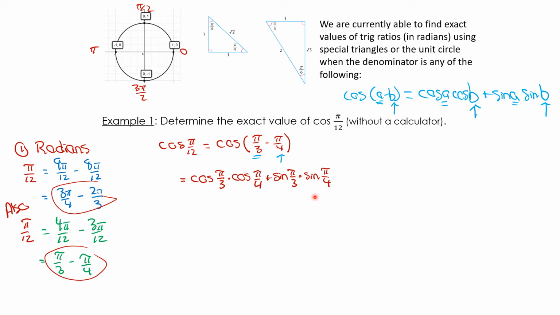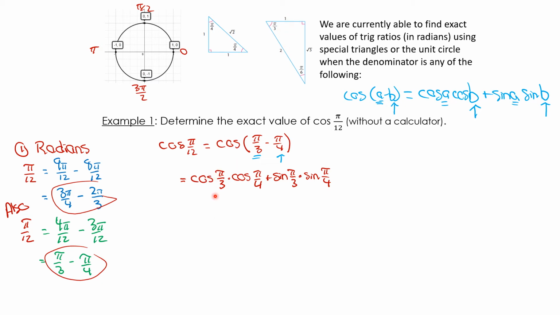So now we can go back to our knowledge of the radian angles. Cos of pi over 3. So I look for a pi over 3 angle. Here it is, pi over 3. Cos of pi over 3 is adjacent over hypotenuse. So cos of pi over 3 is 1 over 2.